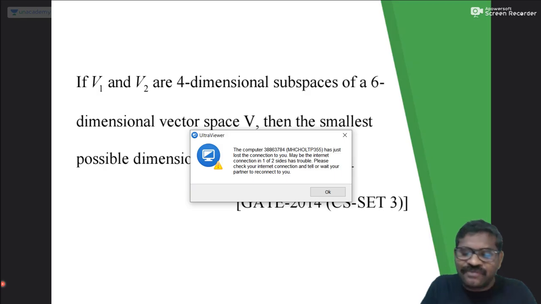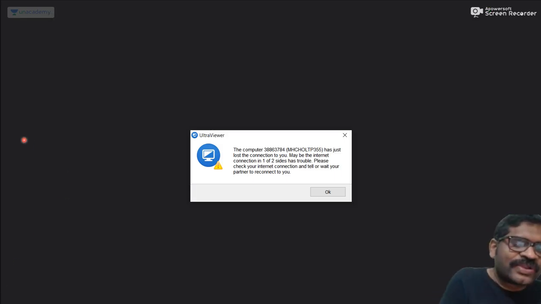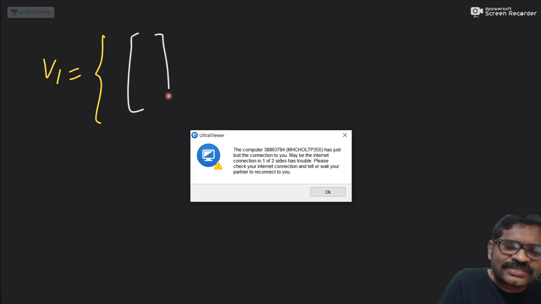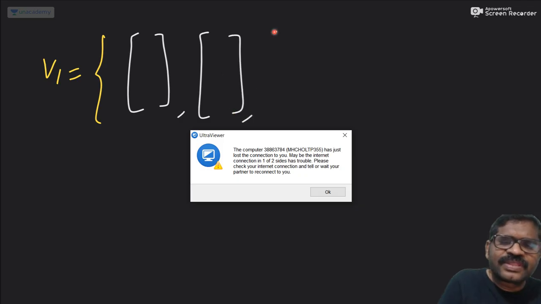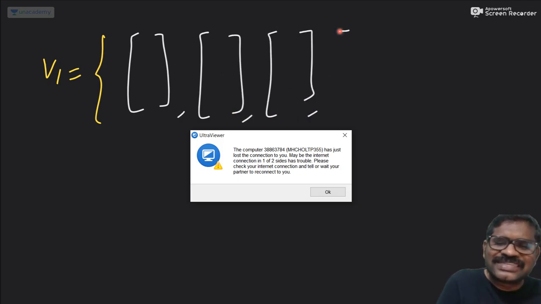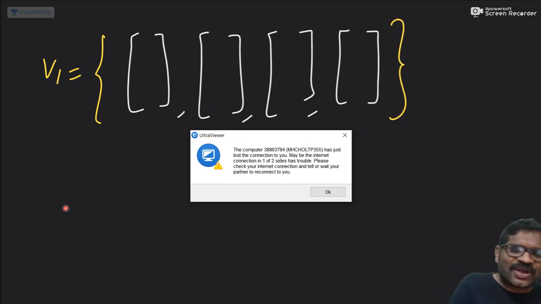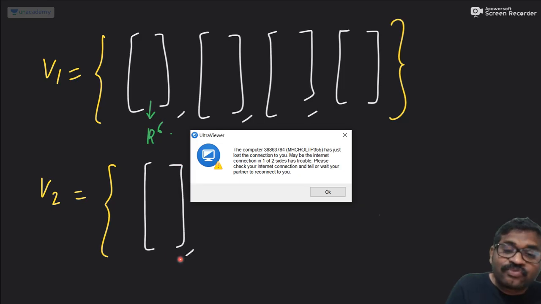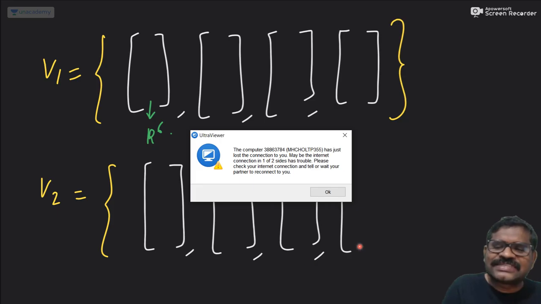That means in V1 you have four vectors of dimension 6, and V2 also consists of four vectors of dimension 6.